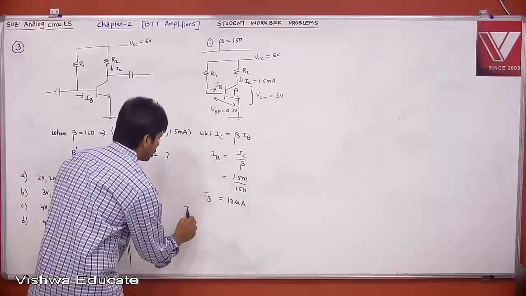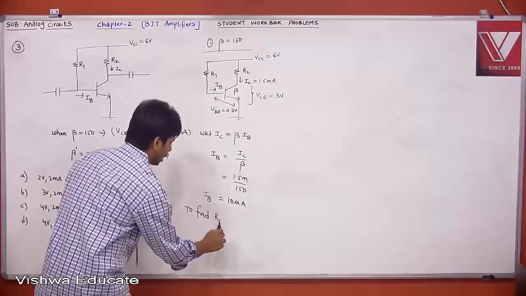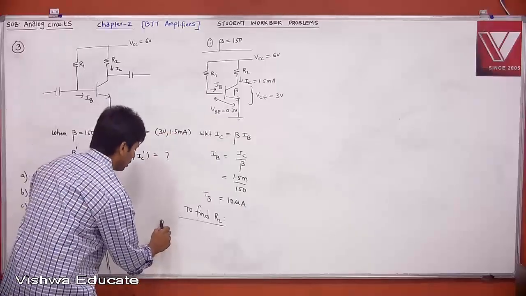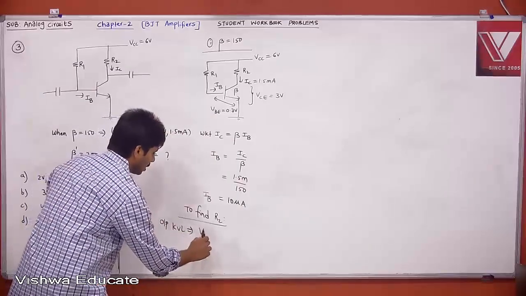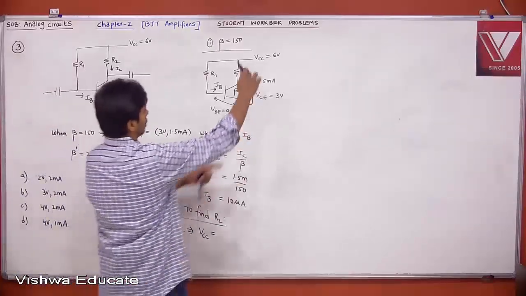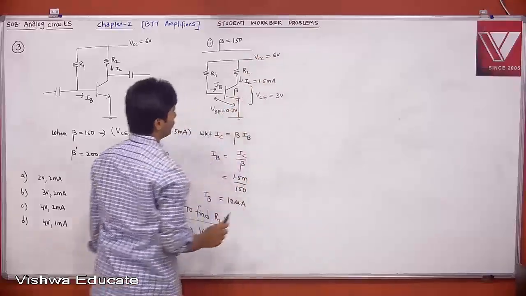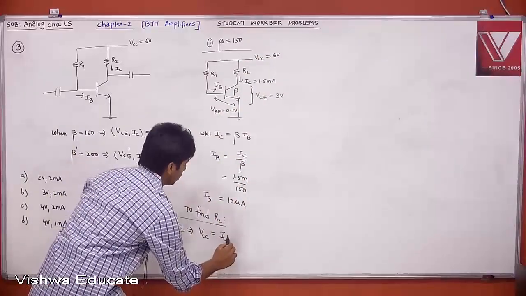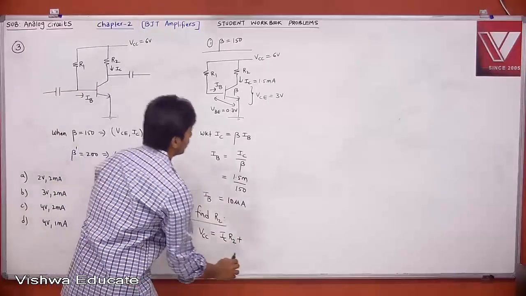Now tell me, to find R2. If you apply output KVL, VCC is equal to the voltage across this plus this voltage, which is nothing but IC into R2 plus VCE.